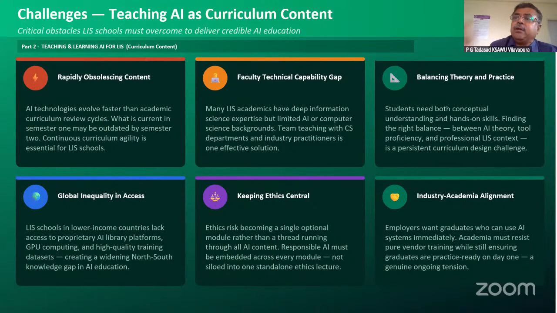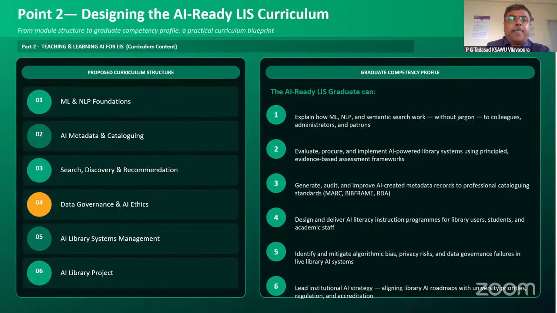Bringing industry into the curriculum is a very difficult task, but not unachievable. These are the challenges we may have to face. We may have to answer these questions before implementing AI into the curriculum.